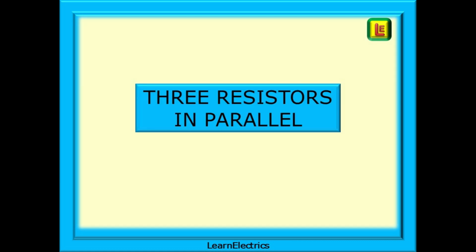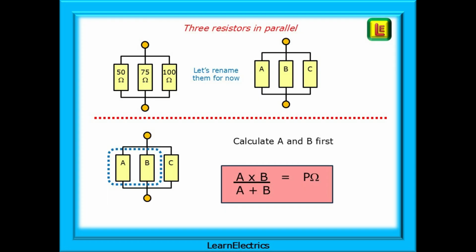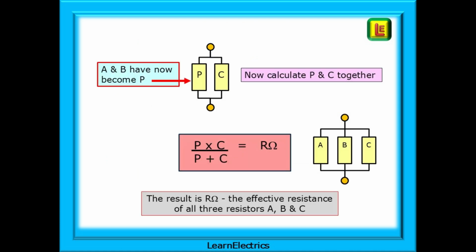Can we use the MAD formula with 3 resistors? Let's look. Shown here are 3 resistors in parallel. To demonstrate the method, I've labelled them as A, B and C. Now, use the MAD formula to calculate just A and B first as a pair of resistors. This will give you a temporary or midpoint answer, and we can call this resistance P. Now use the formula to calculate resistance P and resistance C together.